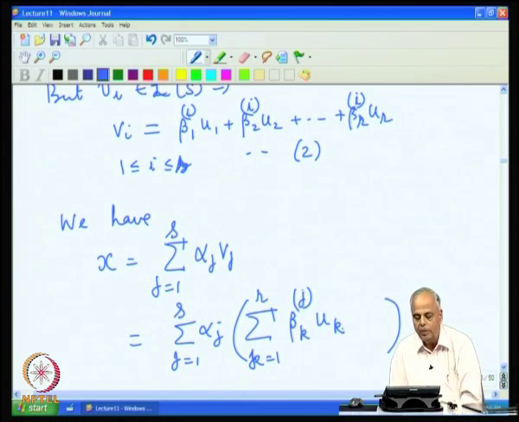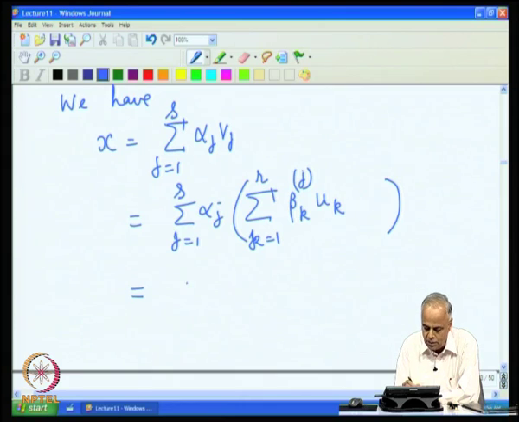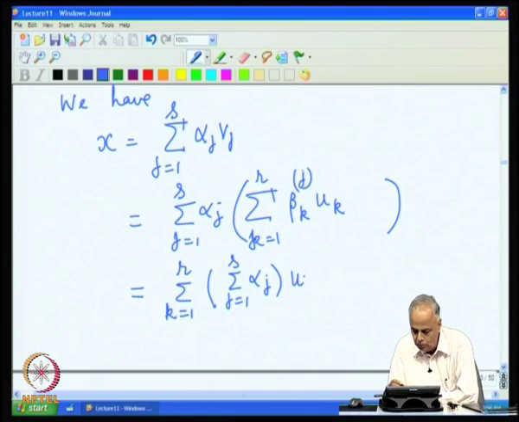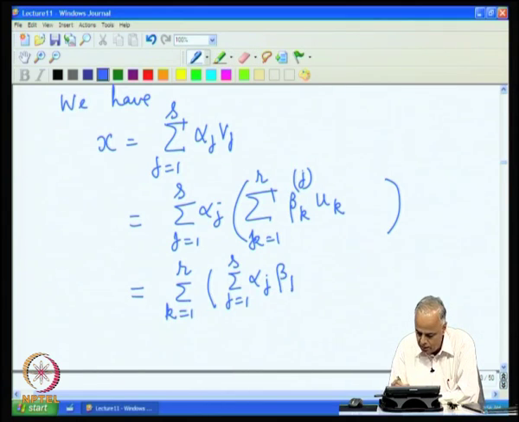The jth vector will have a linear combination representation as b j 1 u 1, b j 2 u 2, ..., b j r u r. So, we can write these x's in this form. Now, combining these or interchanging the summation notations, we get summation k equal to 1 to r, summation j equal to 1 to s alpha j into beta k j into u k.